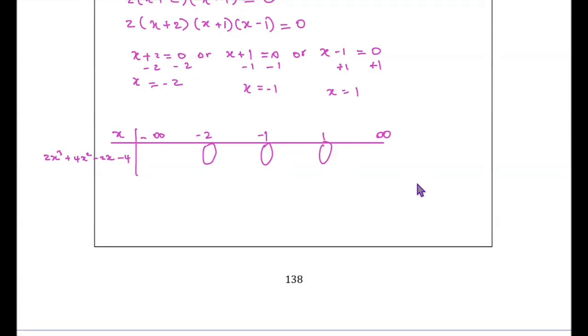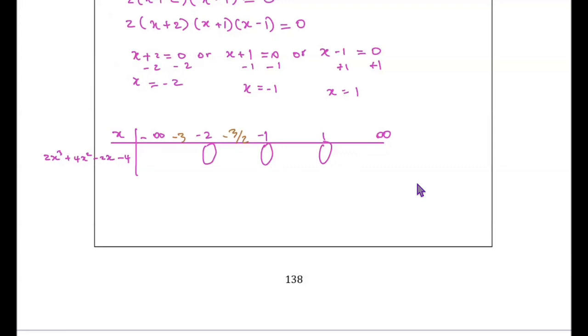So now what I'm going to do is look for some values over each interval that will be used as testing values to see what the sign of the expression will be over each interval. So I'll take -3 here, which is over the interval -infinity to -2. I will take -3 halves from -2 to -1.